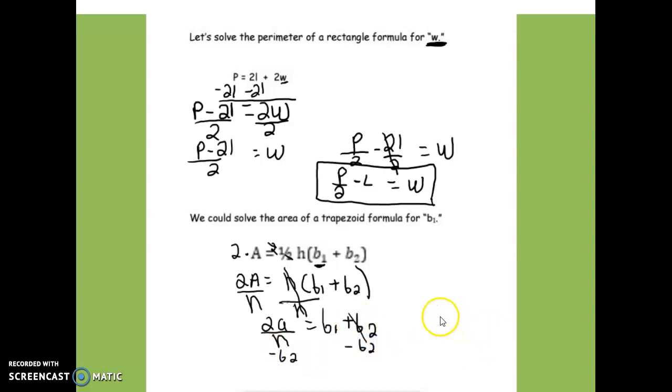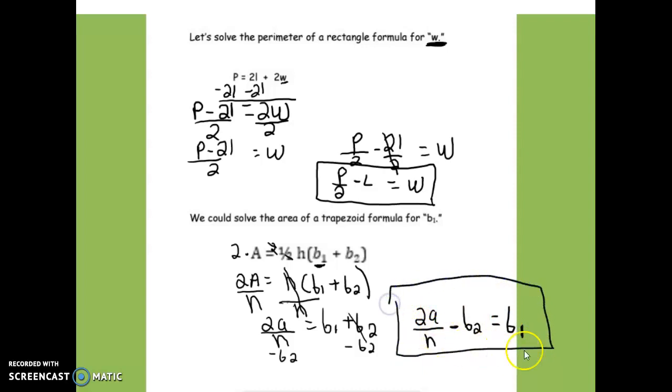Cancels. So let's see what I'm left with. So I have 2a over h minus base 2 equals base 1. So again, if I wanted to set up a problem and I had all the information but the base 1, I could plug in all the numbers real quickly and get it.